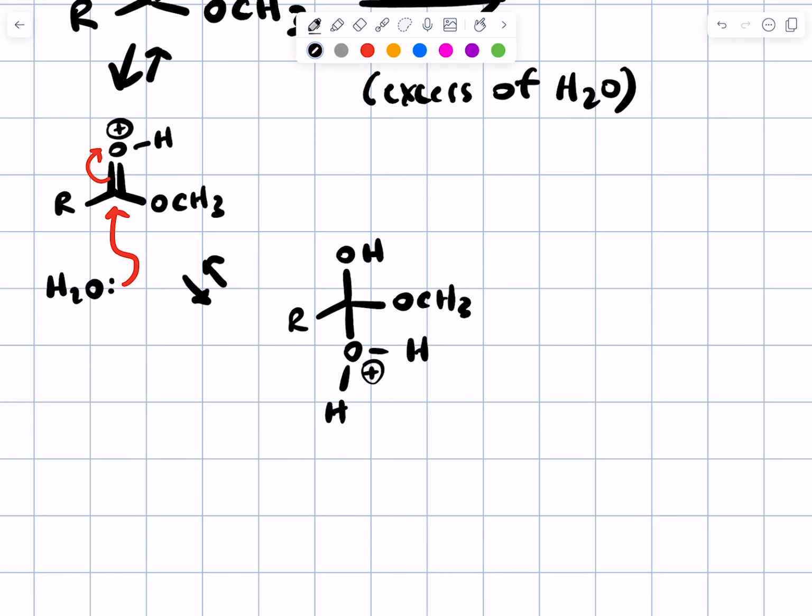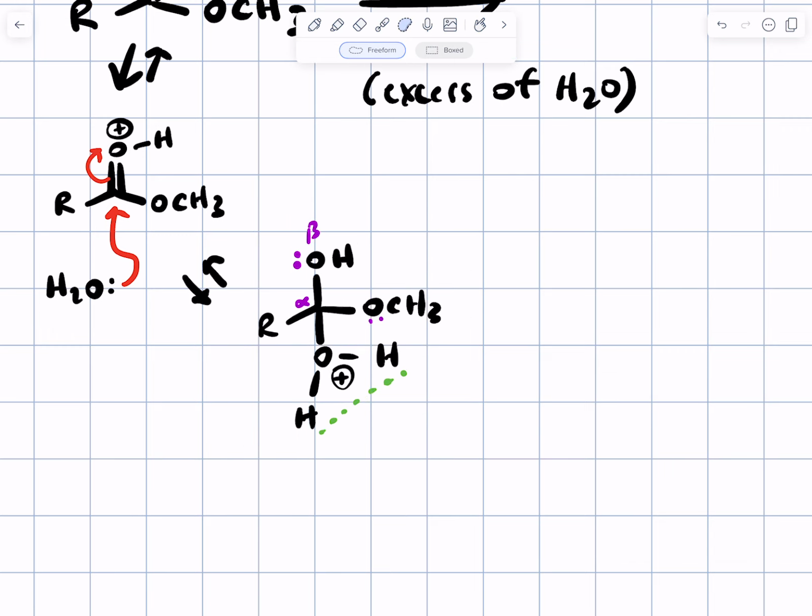I'm just going to use green, as we've done, to underline the potential good leaving group. Here's the alpha carbon, here are lone pairs at the beta position. Frankly, we have some here too. It would be totally reasonable for the lone pairs on this oxygen at the beta position to kick off the leaving group. And they do, and that's simply the reverse step.